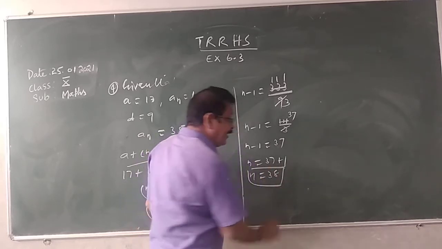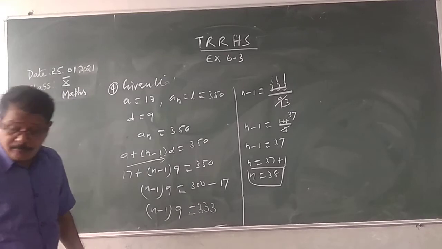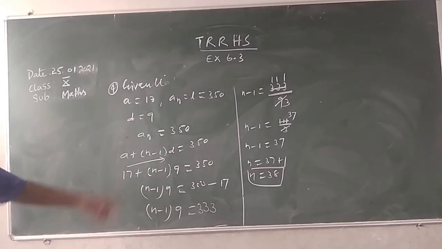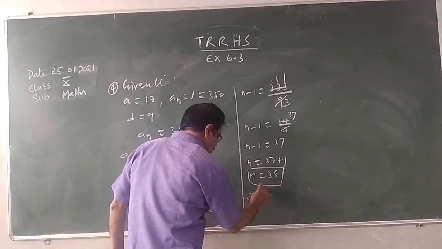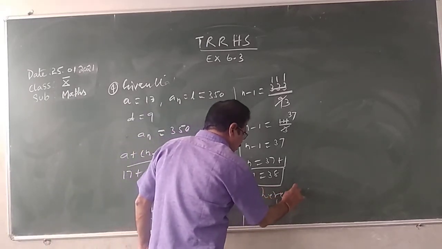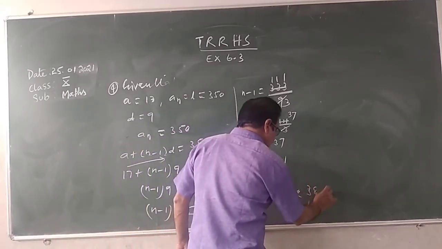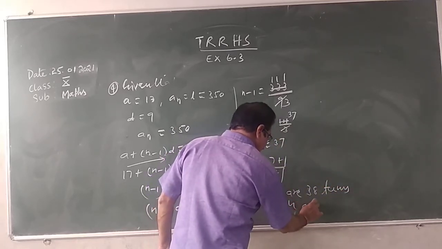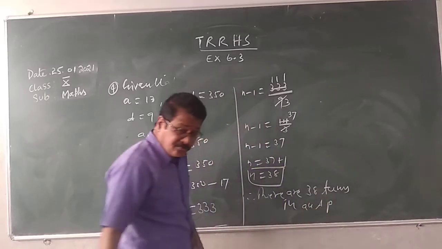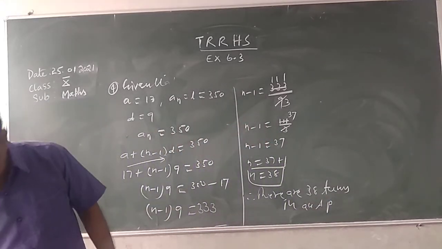There are 38 terms. How many terms are there? There are 38 terms in the AP. Now find what is their sum.